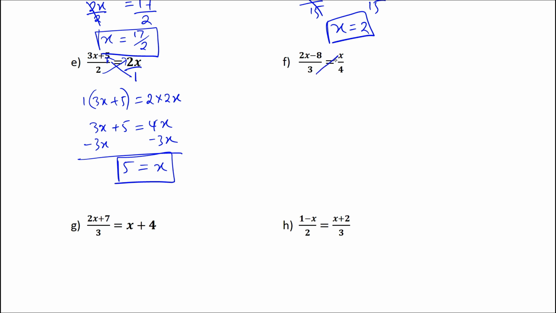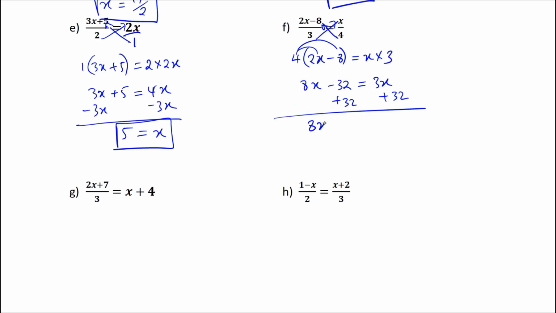The next one, again, cross multiply. You'll end up with 4 into 2x minus 8 will be equal to x multiplied by 3. So 8x minus 32, if you FOIL this, will be equal to 3x. You can add 32 on each side. So 8x will be equal to 3x plus 32.